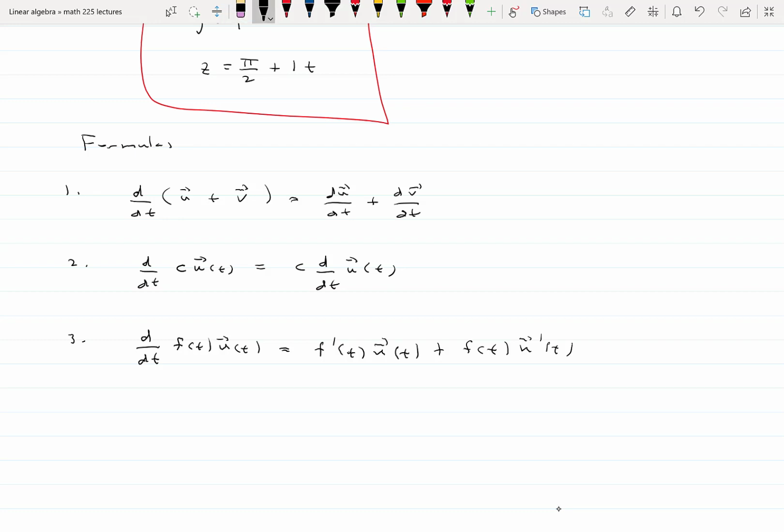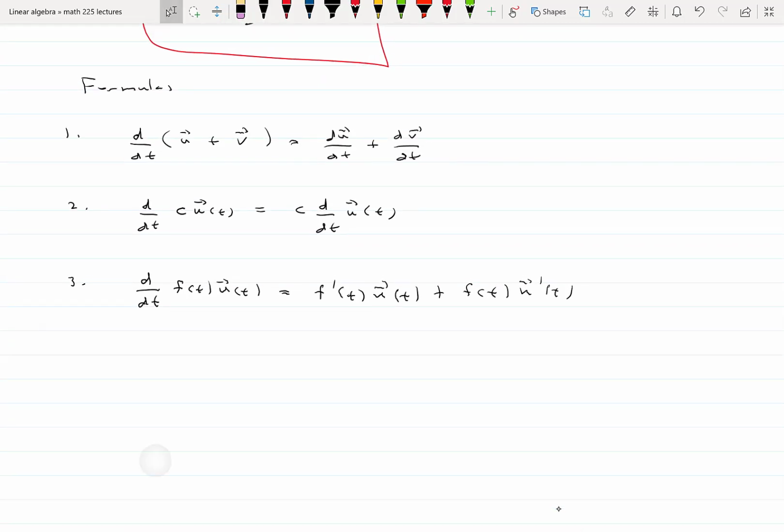Okay. So we have the derivative with respect to t of the dot product of u of t with v of t. That is the derivative of the first dot with the second, I'm leaving the of t's off, plus the first dot the derivative of the second.